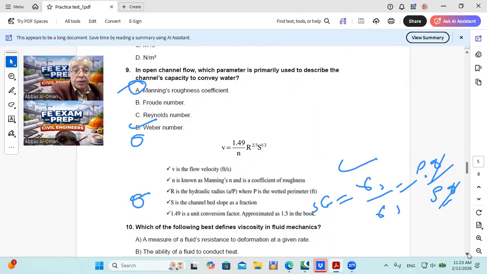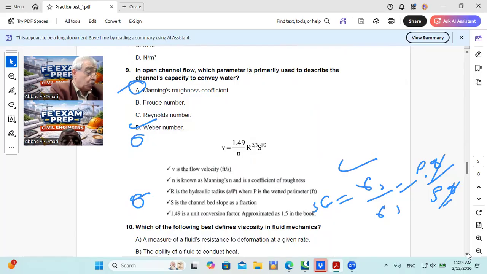This is a very well-known equation for hydraulic engineers and civil engineering students, where V is the velocity, n is the roughness coefficient for the channel, R is the hydraulic radius, and S is the channel slope. So which of these parameters? Manning's roughness coefficient.